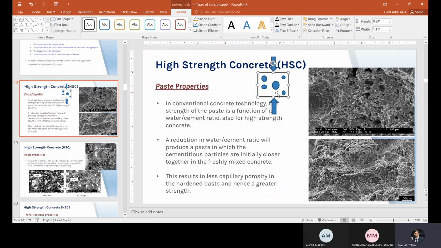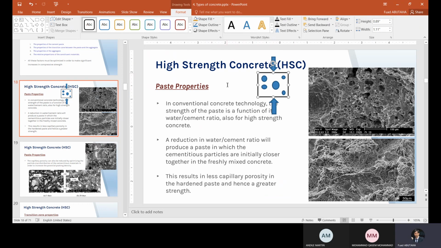So we have three scenarios. The concrete can fail because the aggregate itself is weak, so the crack will go through the particle and the whole concrete will fail.